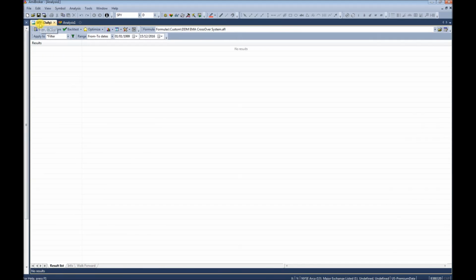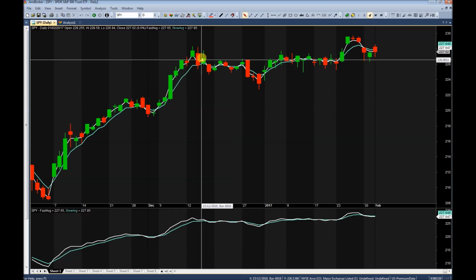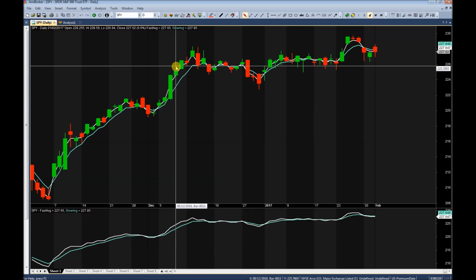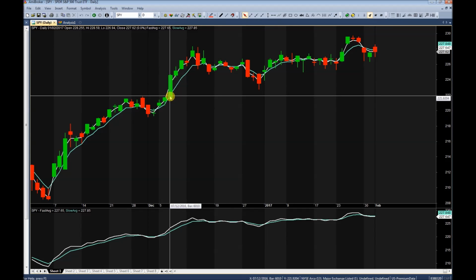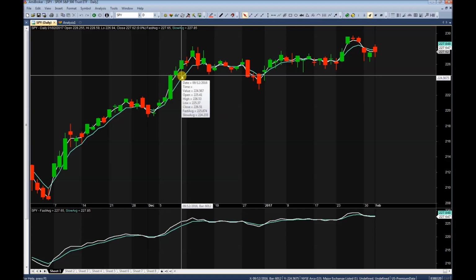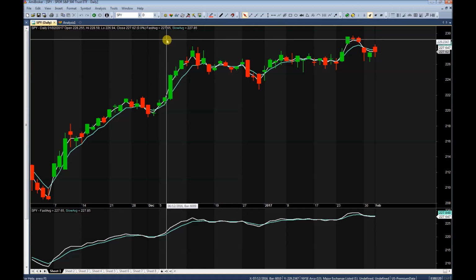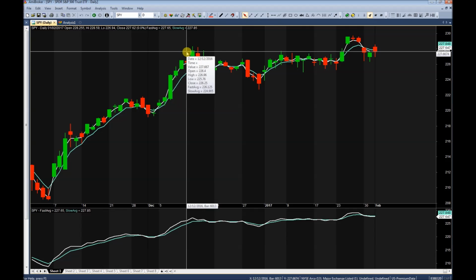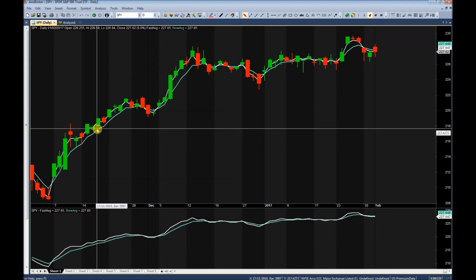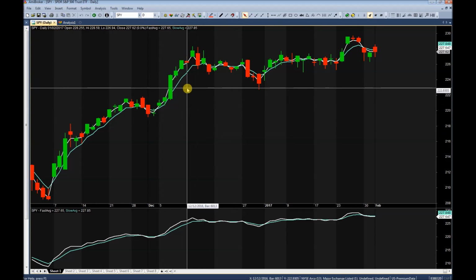Going back to the chart, on the top pane you've got open, high, low, close candles. This is all based on daily data, which is the only data I have. I can amalgamate monthly data, but it's easier to just use daily data for the purposes of what we're trying to do here.